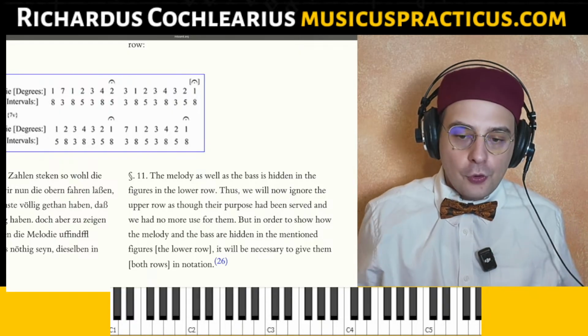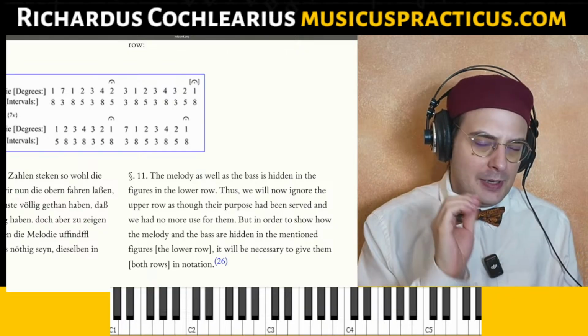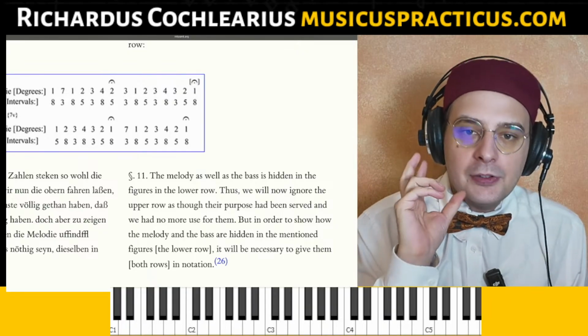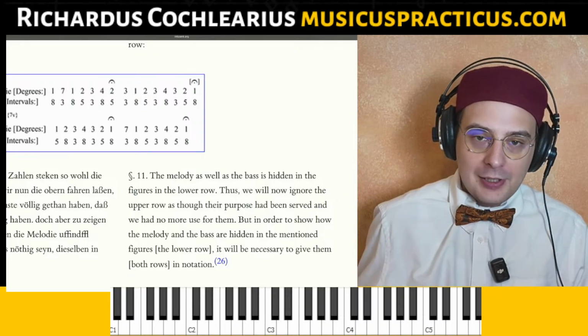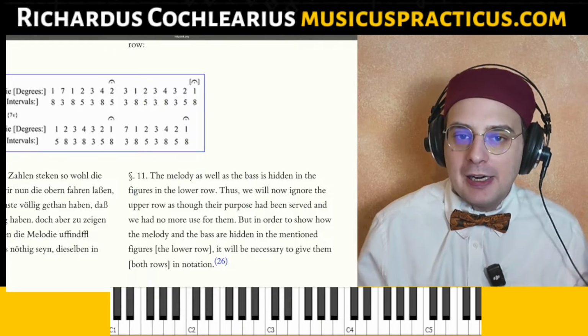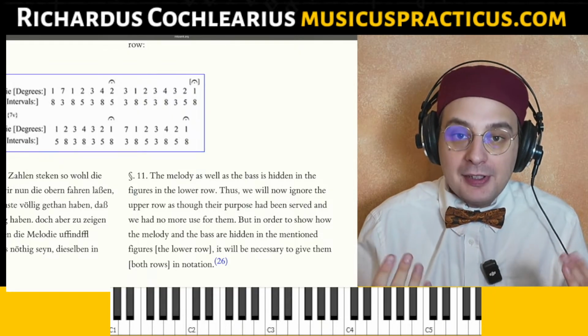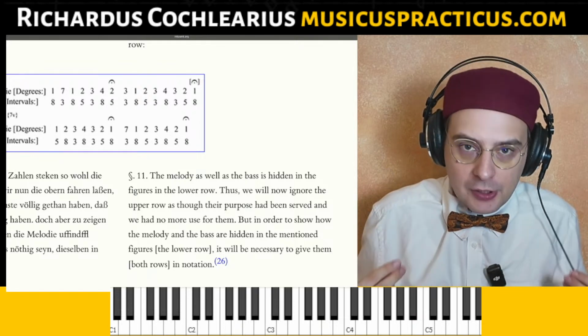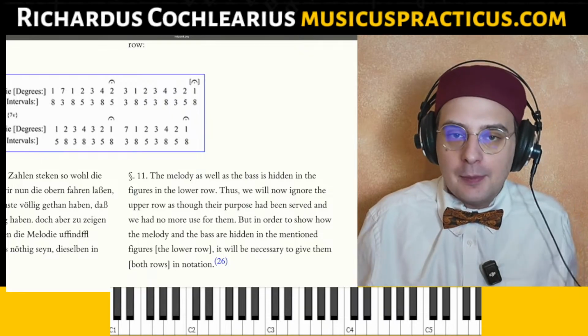So now the purpose of the melody of the chorale has finished. So what does this mean? This has a very interesting implication: when we have a melody and we have to find a bass to create above that melody, so in any chorale harmonization where the melody is given, or if you have to write your own melody, the first thing you have to do is create a bass.